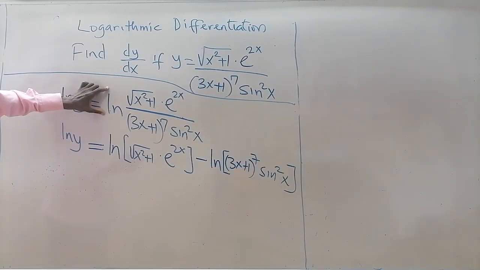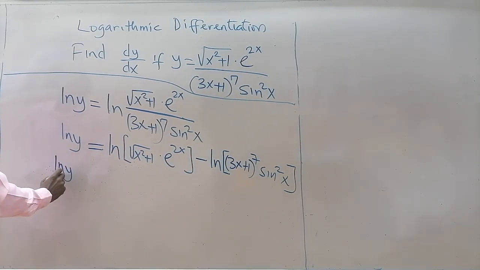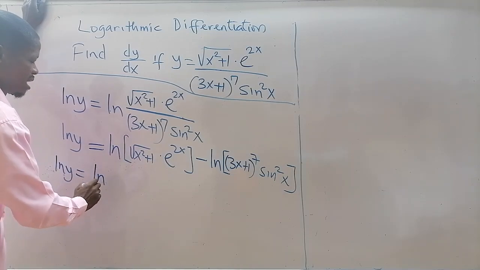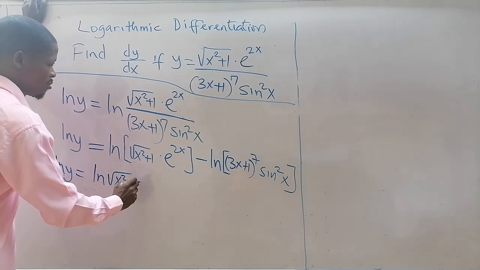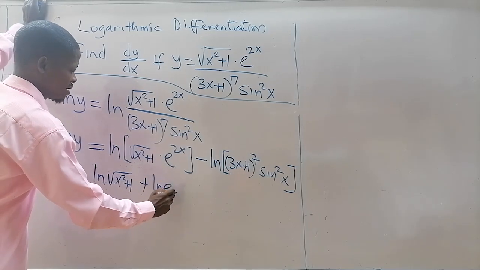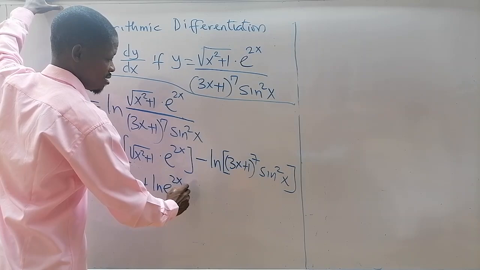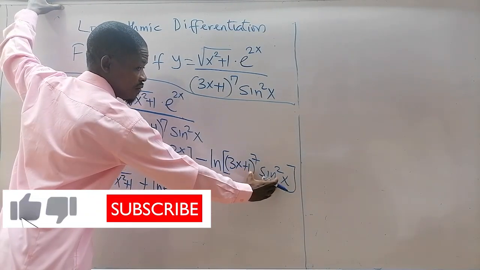So we apply the rules of logarithm for division, that becomes minus, and ln of a product will give you the sum of those functions. So we have this, then plus ln this one. Here also a minus is there. So this one is going to give us ln of a product, which is the sum of those functions.